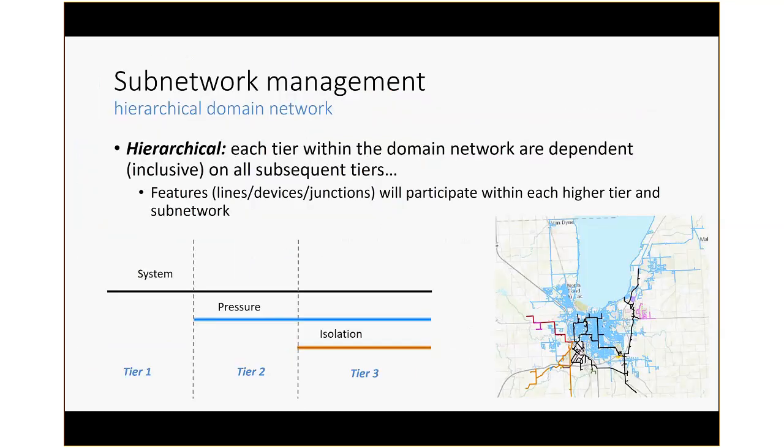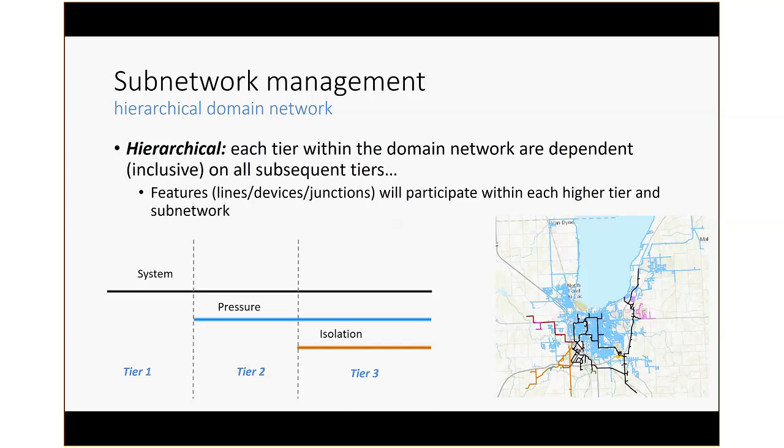Now in a hierarchical domain network, these are different. Why they're different is because the tiers and the system are meshed and looped, so the features themselves participate in multiple tiers. From a gas network perspective, it's a system of pipes.